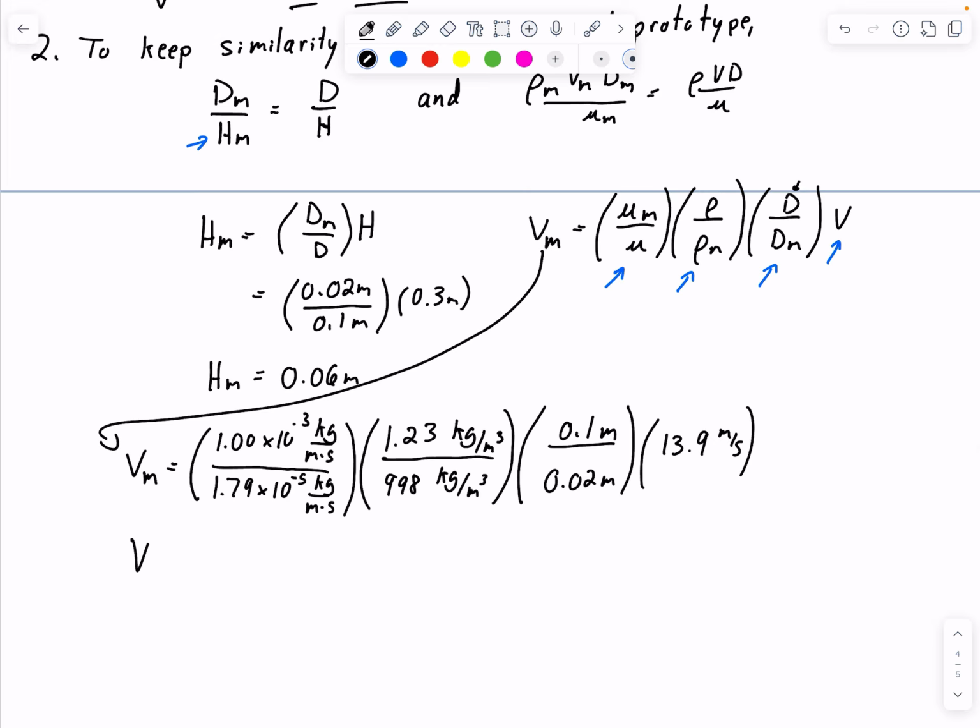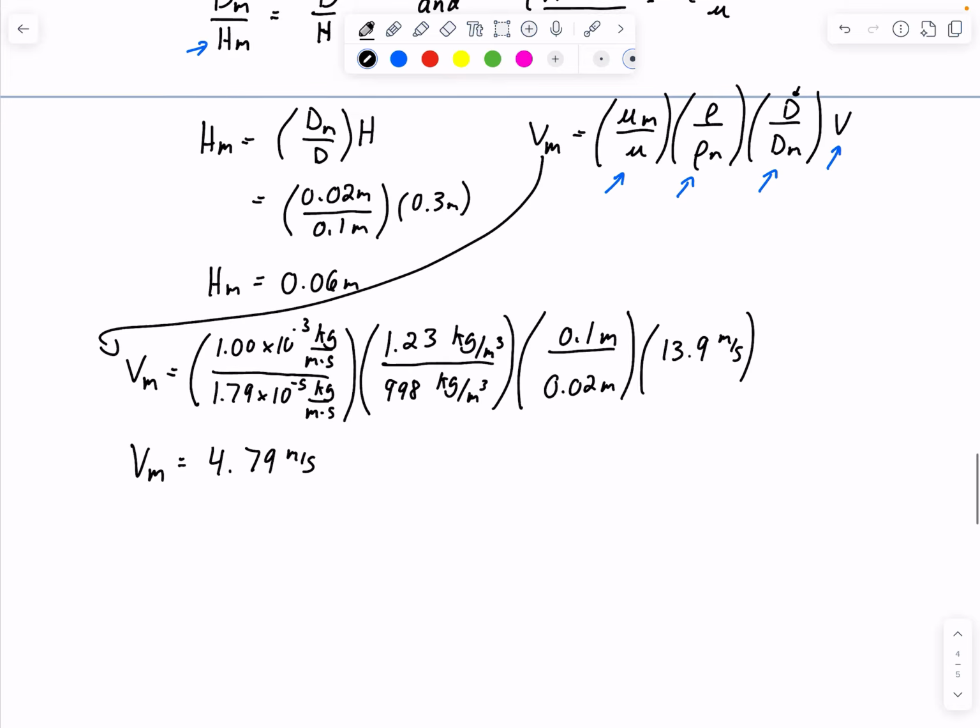So we can then calculate this, and we'll find a value of 4.79 meters per second. So we would need to use a flow speed of 4.79 meters per second for the water in our water tunnel in order to keep similarity with our prototype.